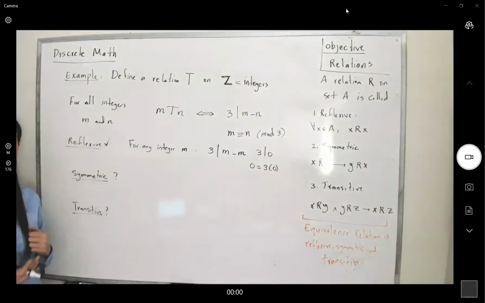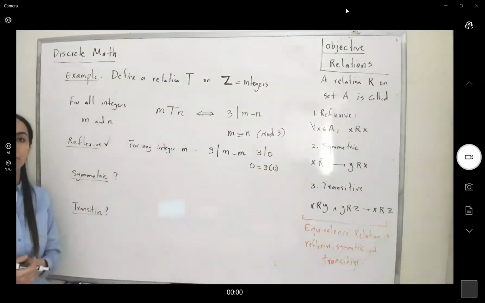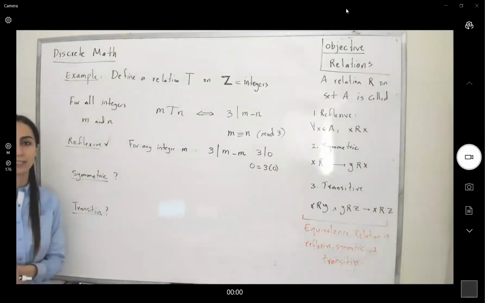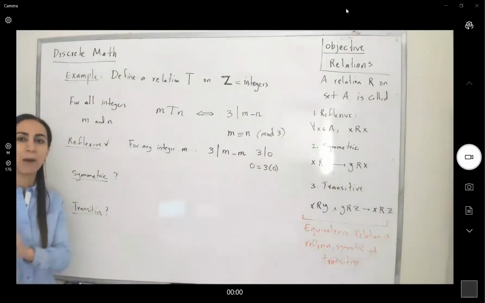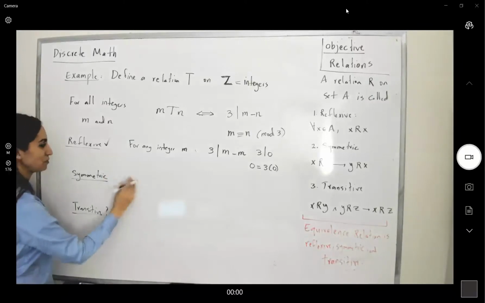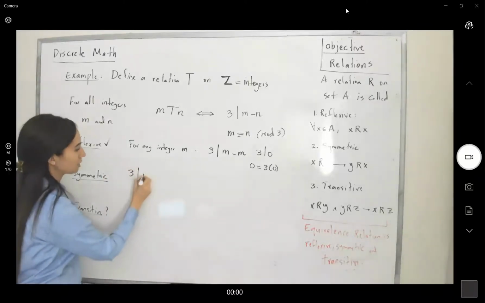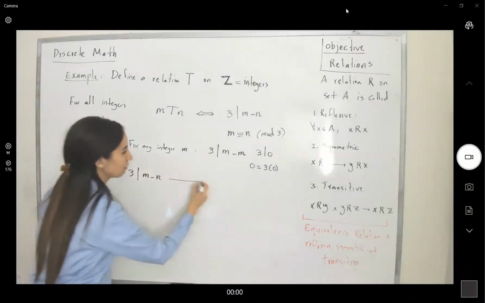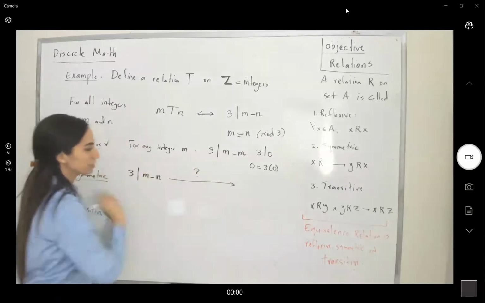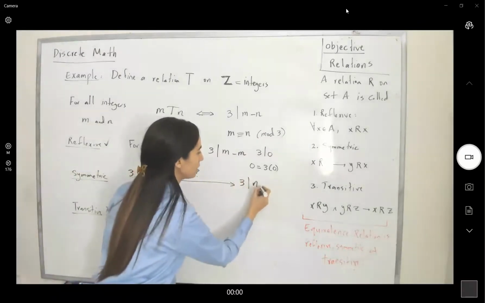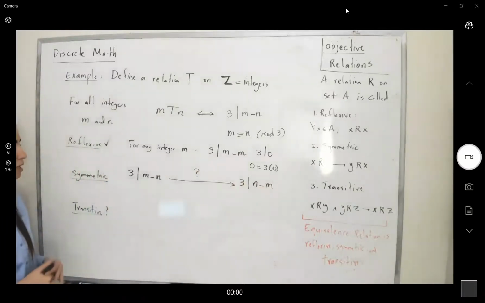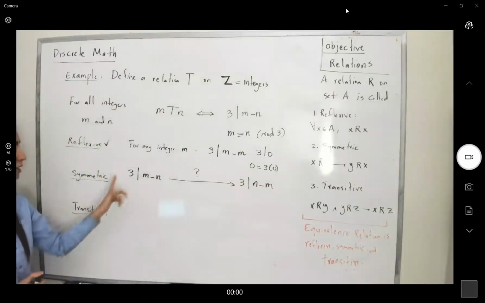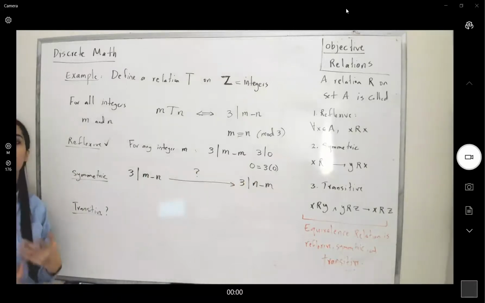Symmetric says that if 3 divides m minus n, you should be able to conclude that 3 divides n minus m as well. Well, what's the definition? 3 is a factor of m minus n.